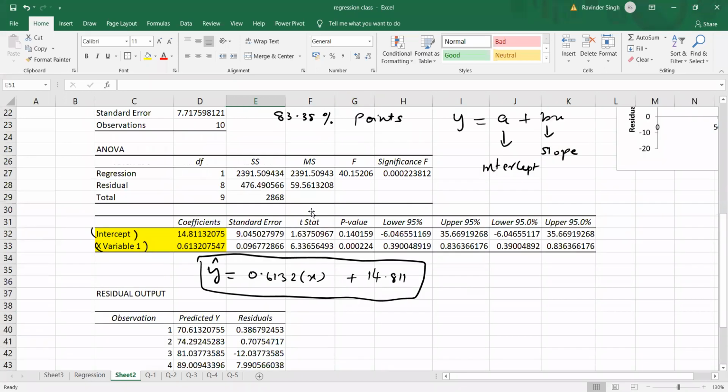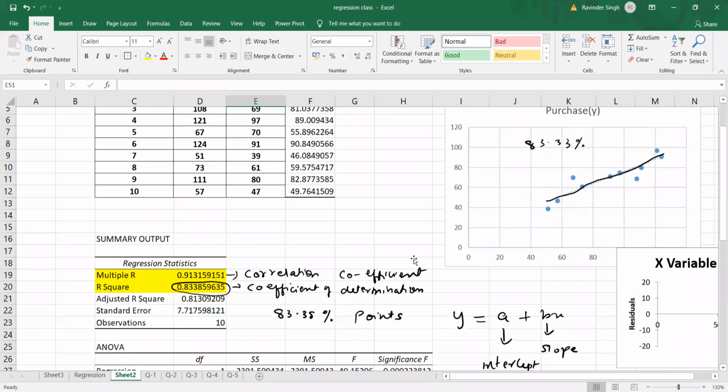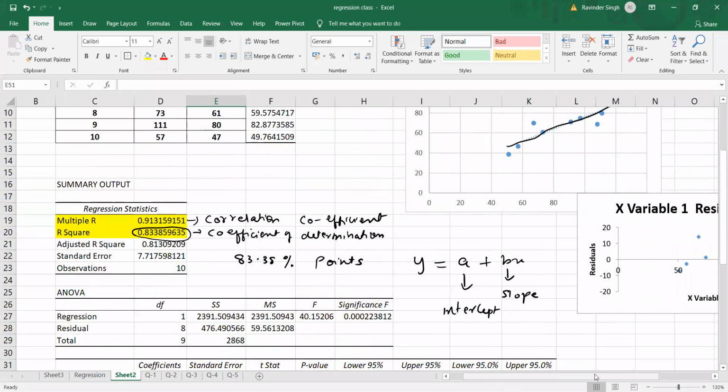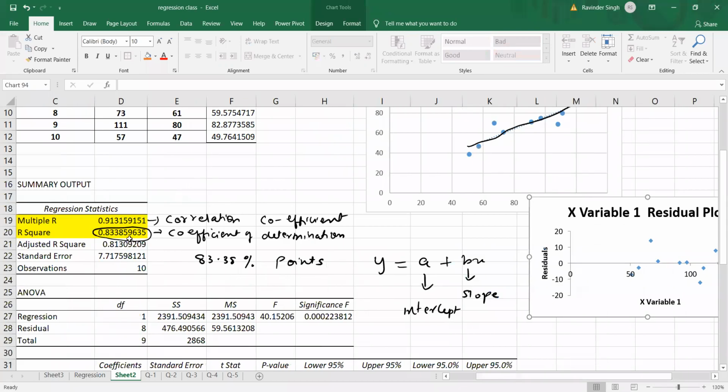All right, so this is how we do that in an Excel sheet. You can see the plot of residuals, where all the values should be very close to 0. Only a few points are not close to 0. That is why it has taken only 83% of data.